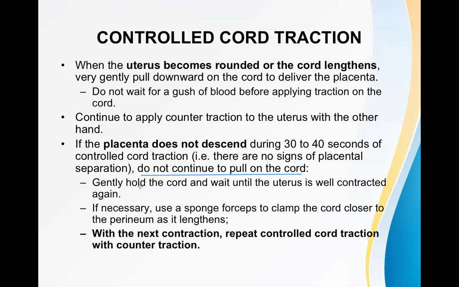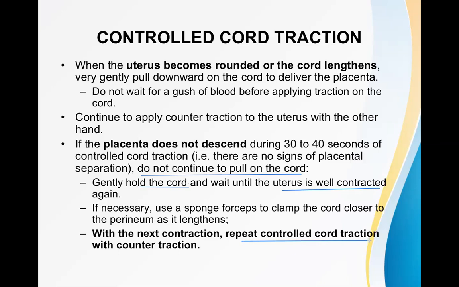You need to gently hold the cord and wait for a good uterine contraction. And when the uterus is contracted again, you repeat the same process. That means wait for the help from the uterine side. You do not simply pull the cord consistently. If you do that, there is a danger of uterine inversion.